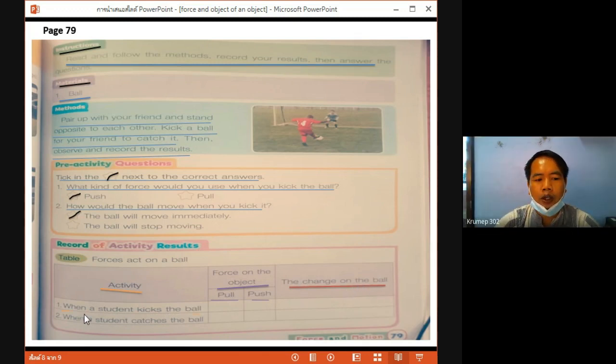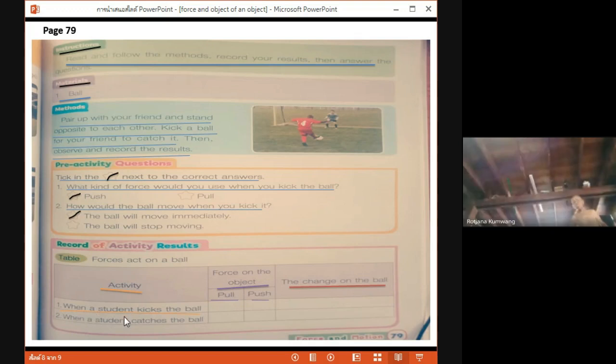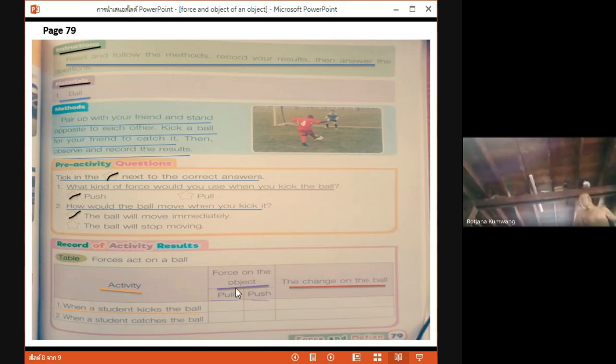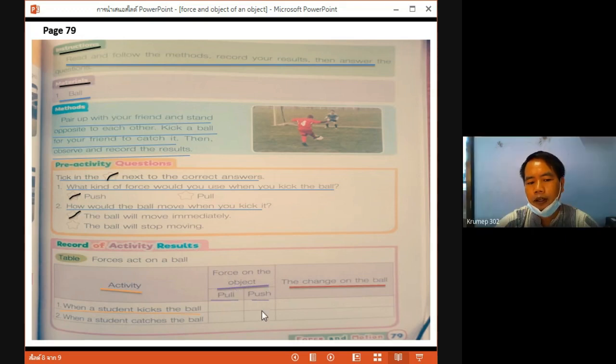Number one question. When a student kicks the ball, what is the force on the object? Push or pull? Look at your answer here. It is push.